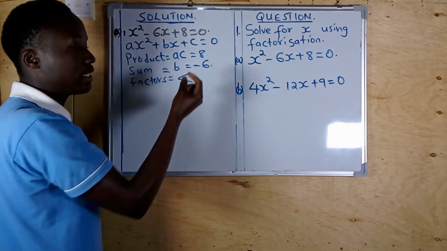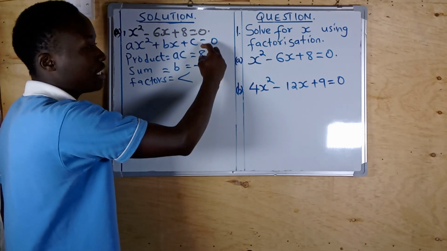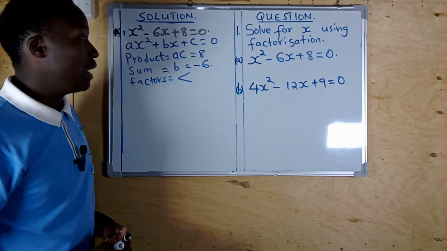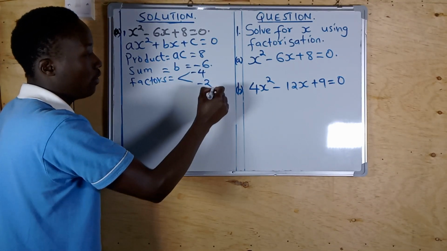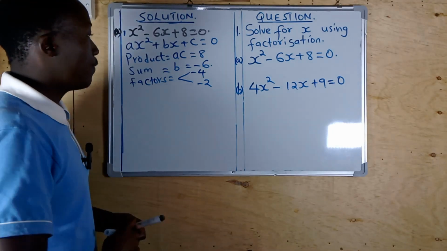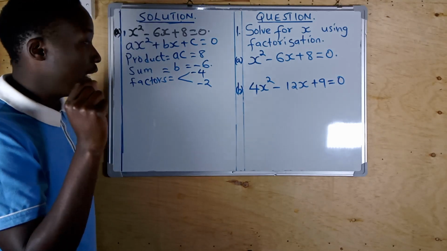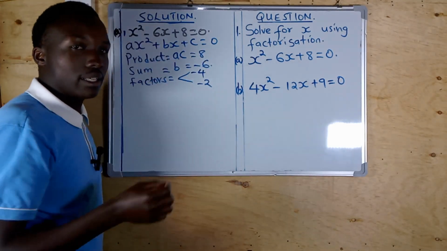So we need to get two numbers: when we multiply them, we get positive 8, and when we add them, we get negative 6. For this case, the two factors will be negative 4 and negative 2. If you take negative 4 multiplied by negative 2, it will give you positive 8, and if you take negative 4 plus negative 2, it will give you negative 6. Then we continue to our next step.